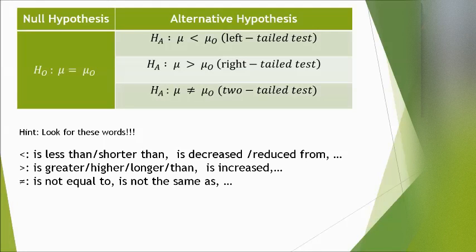So again, I want you to remember these specific words, or you can look for synonyms, since in hypothesis testing or statistics there is a given worded problem. You have to analyze the actual problem to decide what you're going to use. It will be much easier if you know what you're looking for.